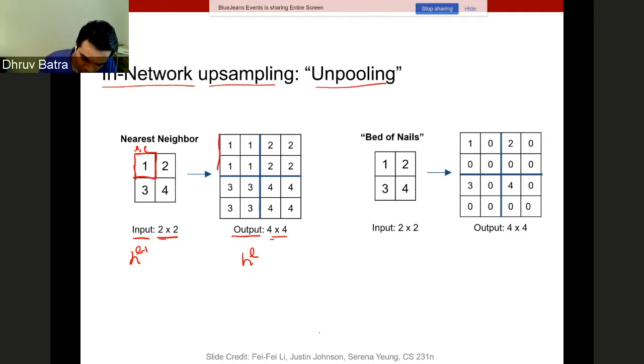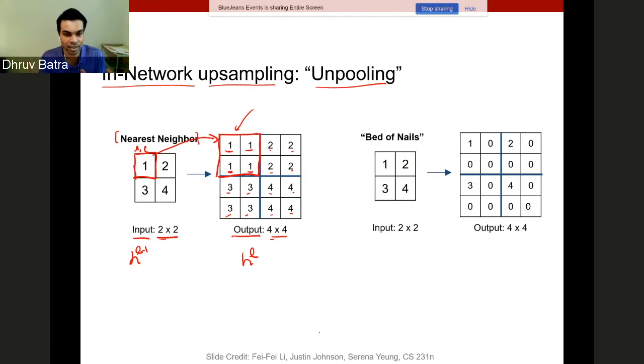For every pixel here, I'm just going to replicate that pixel 2 by 2 times. So 1 gets replicated, the 2 gets replicated, the 3 gets replicated, and the 4 gets replicated. This is what is known as nearest neighbor upsampling, because for every pixel R comma C in the output, you're finding the nearest neighbor in the input and just copying over values.